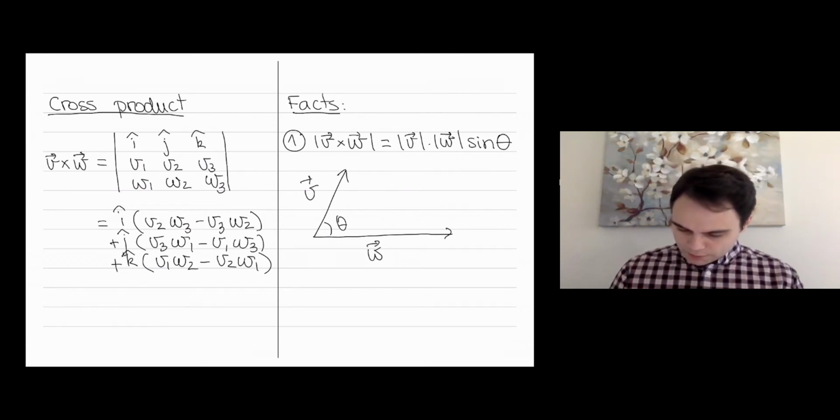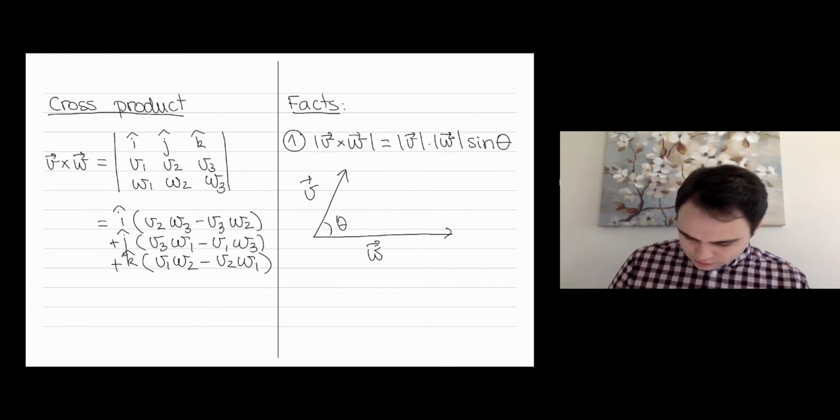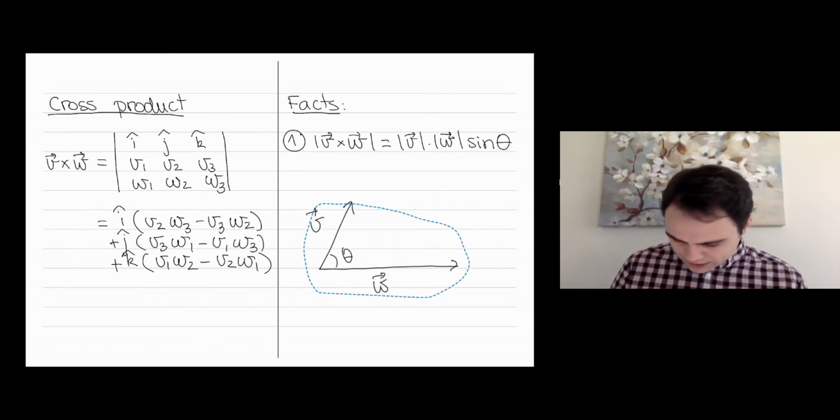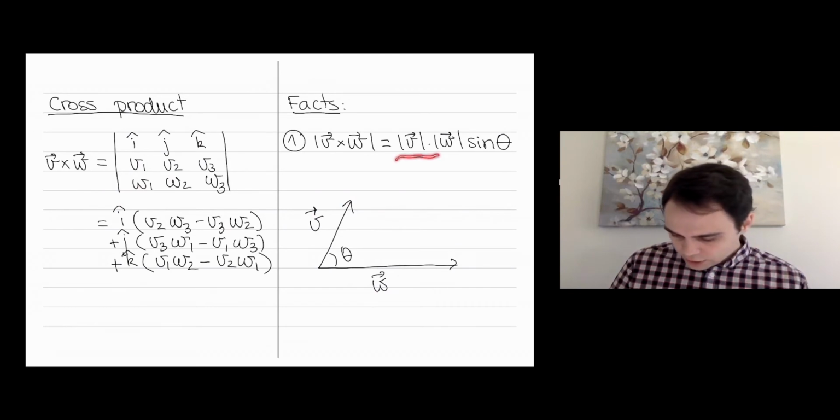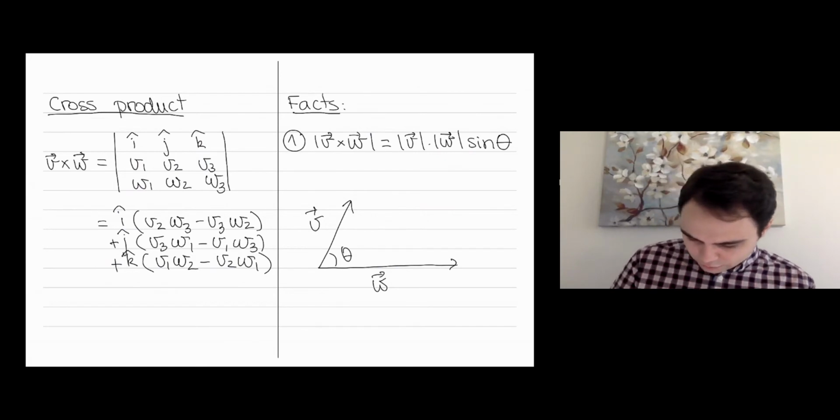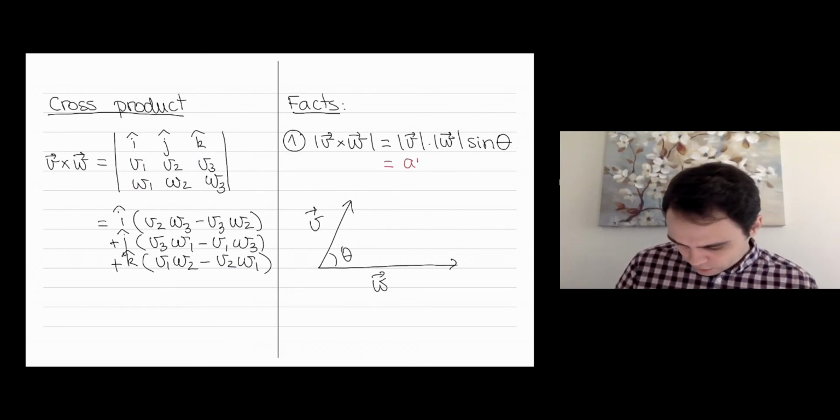What I would like to focus on right now is that in the case of the cross product, the number we get on the right has a nice geometric interpretation. It's the area of a parallelogram.